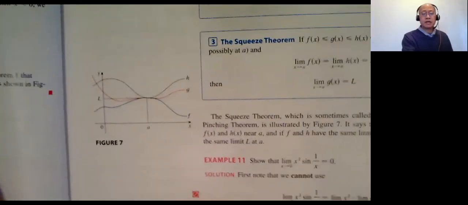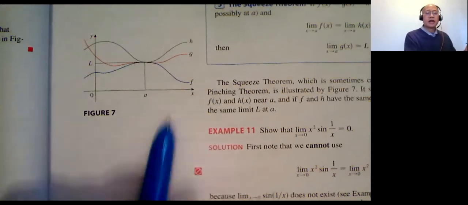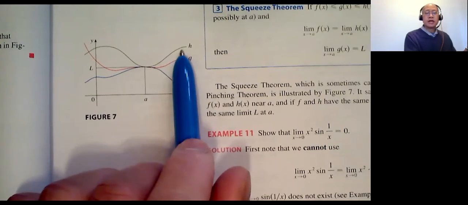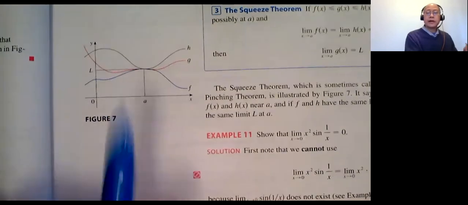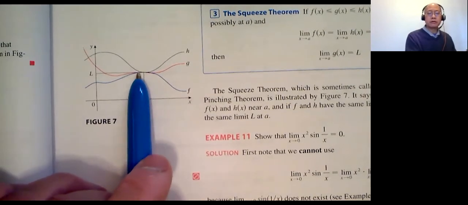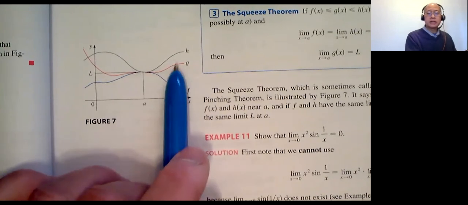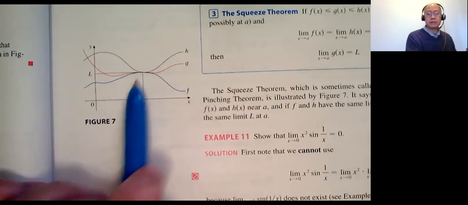It's probably best understood by the picture. You have three functions, f, g, and h. f is the lowest, g is in between, h is the top. The two extreme ones, the highest and the lowest, both approach the same limit L. g is squeezed between the two, so therefore it also has to approach the same limit.